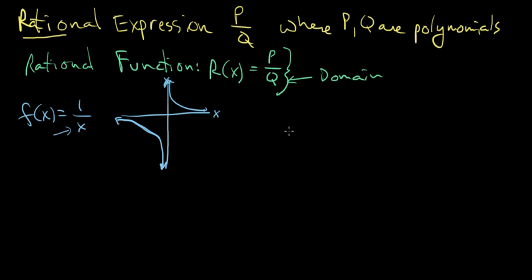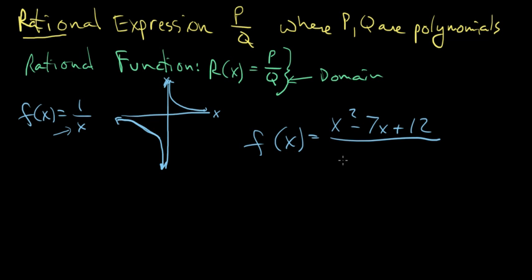Well, in order to find a vertical asymptote for something like f of x equals x squared minus 7x plus 12 over x squared plus 9x plus 20, how do I find the domain?